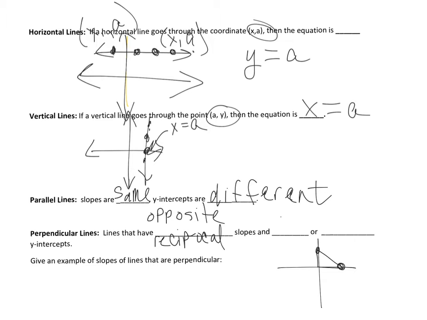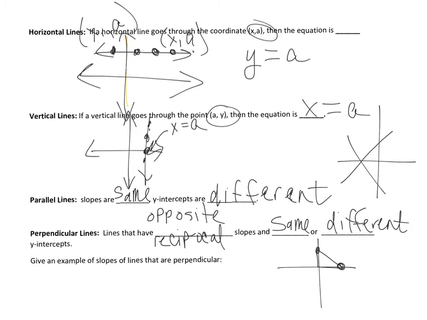Their y-intercepts can be the same or different. Reason being, say I have a coordinate system and two lines that are perpendicular. They could be perpendicular here. But if I take one of these and slide it over, translating it without changing its slope, I could translate it over to here, for instance.